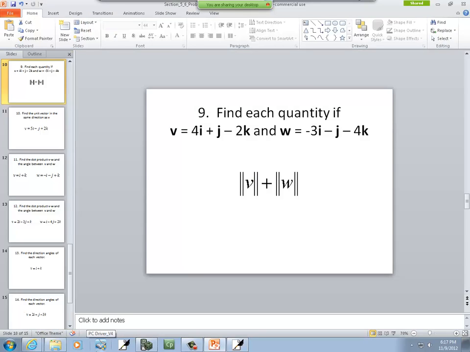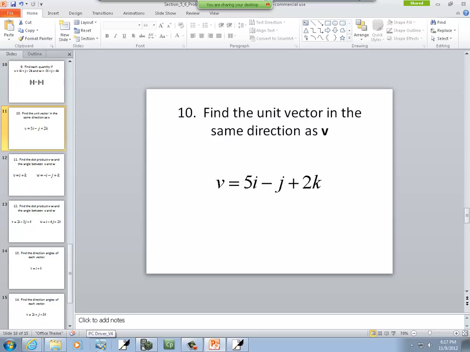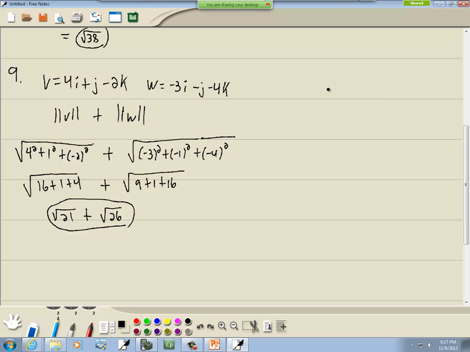Now these next ones are asking us to find a unit vector. It says find a unit vector in the same direction as v.